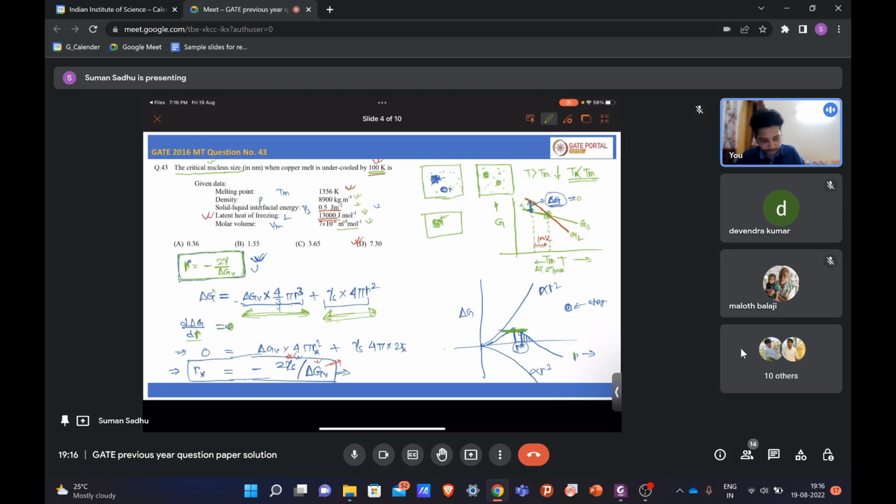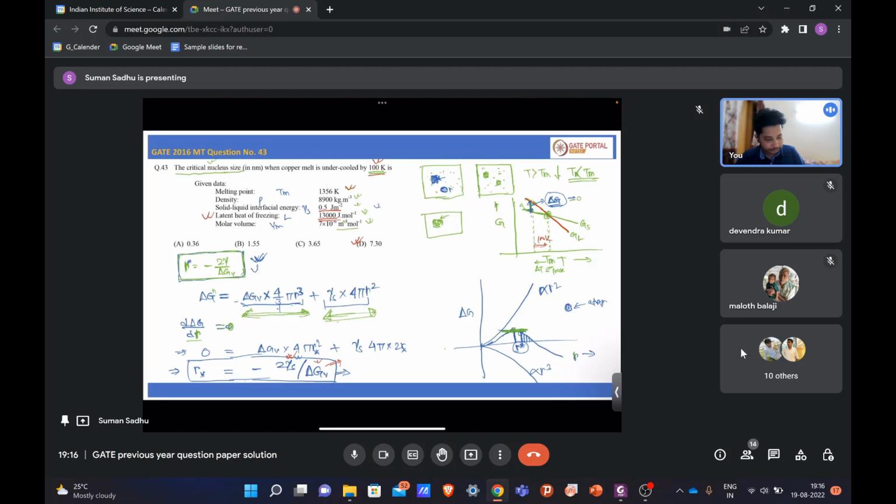So it will be r star square, because at this point we are representing r as r star, and this will be gamma s into 4 pi into 2r. So now from this equation you can calculate that r star is equal to minus 2 gamma s by delta Gv. So now you got this formula, right? How this formula is coming.